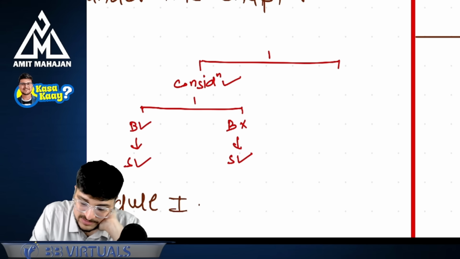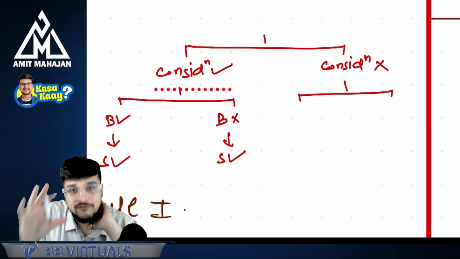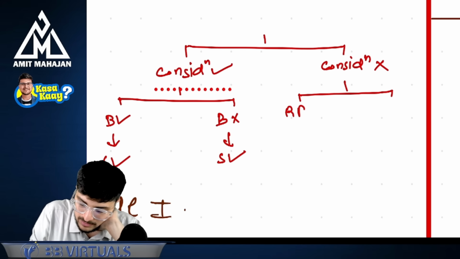But if consideration is not charged, then in that case, we will see whether the services have been imported from a related party or from an unrelated party. When I say related party, I will tell you the meaning.